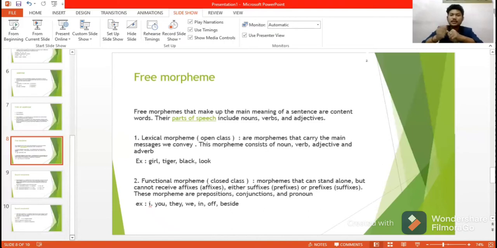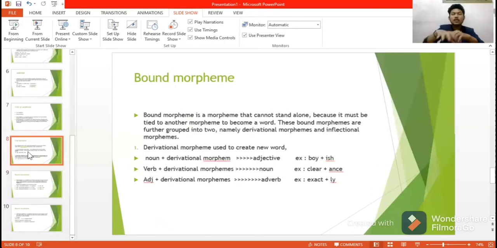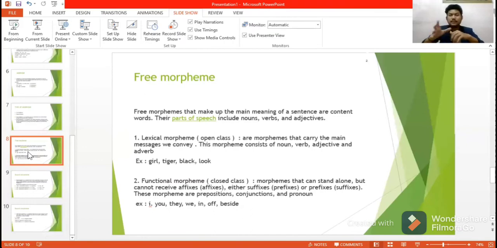Example, I, you, they, we, in, of, beside. So we can conclude that a free morpheme is an independent word that we cannot break down into smaller units. Okay.